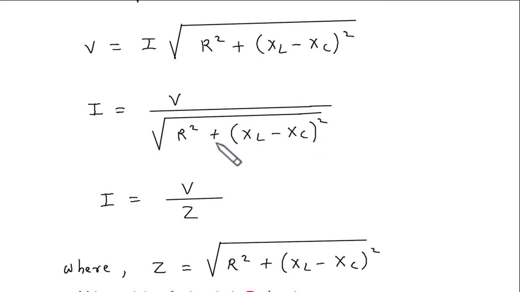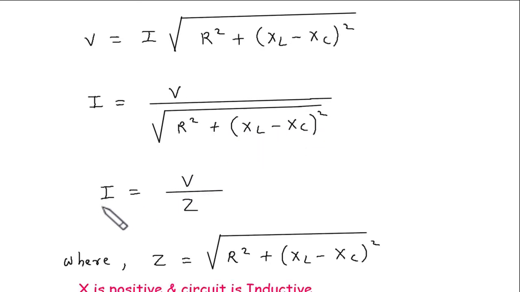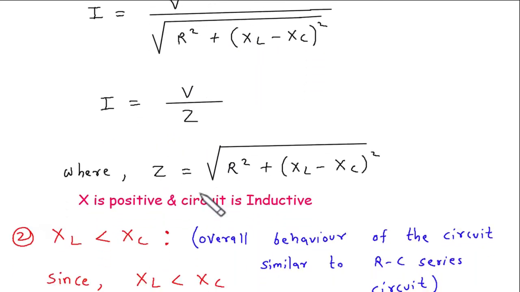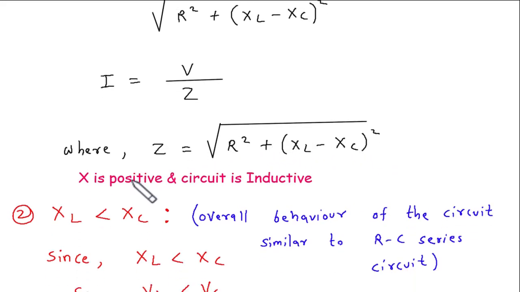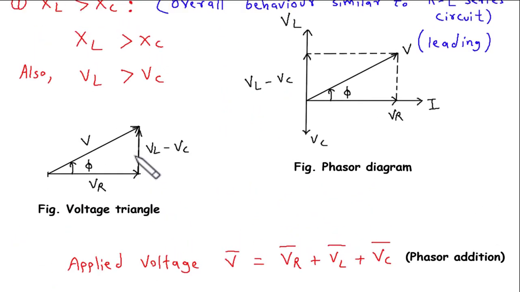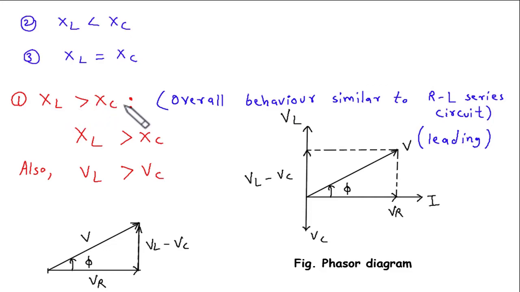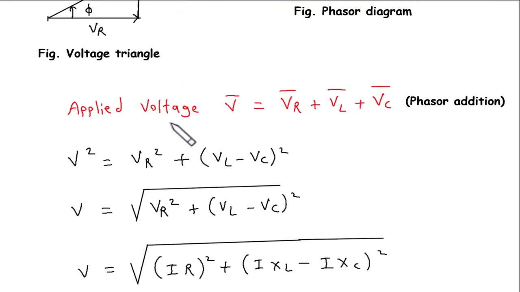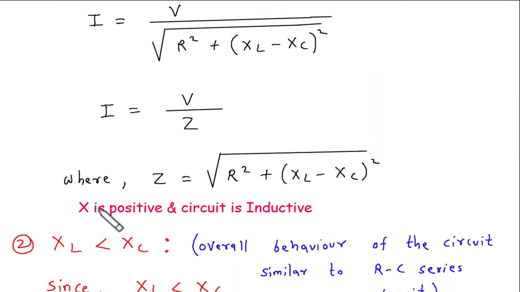Now this will be impedance Z. So I is equal to V by Z, where Z is equal to under root of R square plus XL minus XC whole square. Now X is positive in case of XL greater than XC. X is positive and the circuit is inductive.